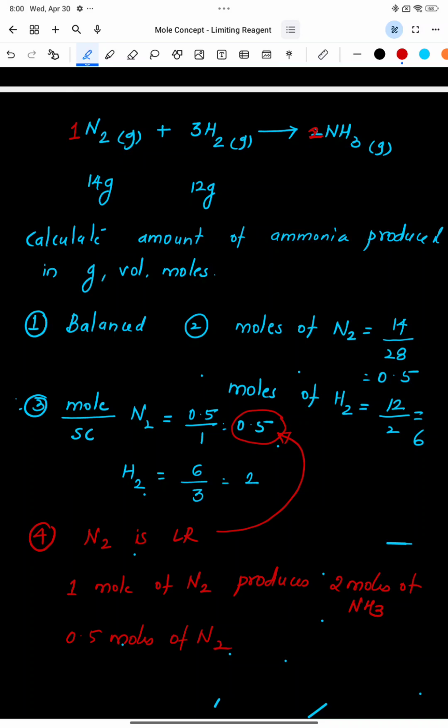So how much will that produce? That will produce 1 mole of ammonia.